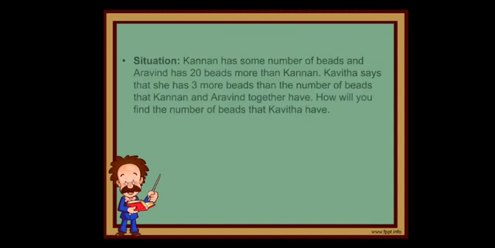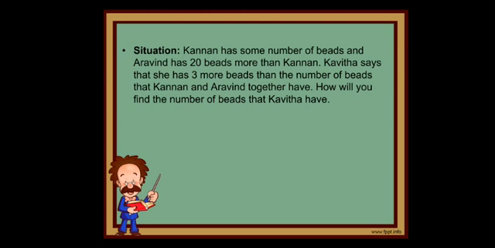The situation is: Kannan has some number of beats and Aravind has 20 beats more than Kannan. Kavita says that she has 3 more beats than the number of beats that Kannan and Aravind together have. How will you find the number of beats that Kavita has?